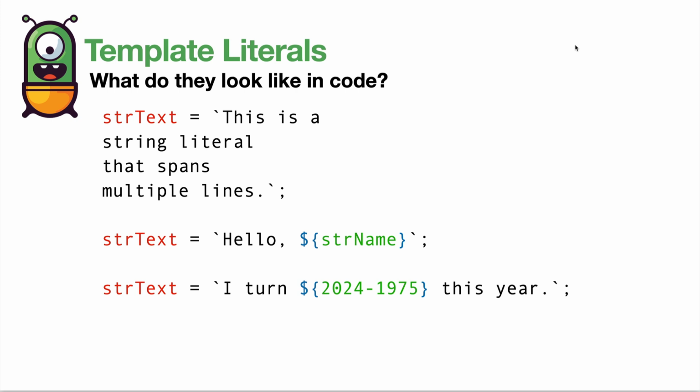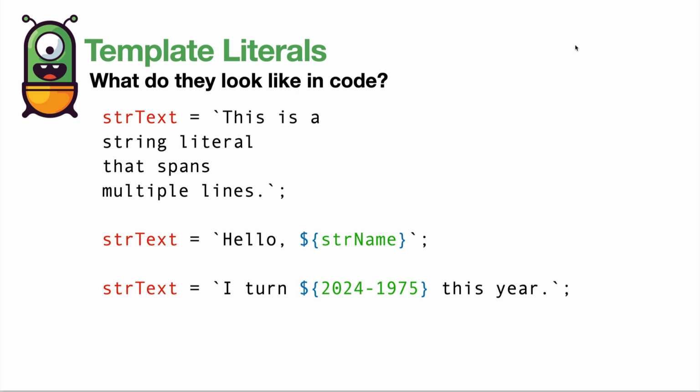And what you would lose from that is the $ and the curly braces and the variable name. And when we have a template literal or anything in backticks like that, where we have a $ right before some curly braces, then whatever is in the curly braces is evaluated as an expression. So strName is just substituted right in there, and that's printed.